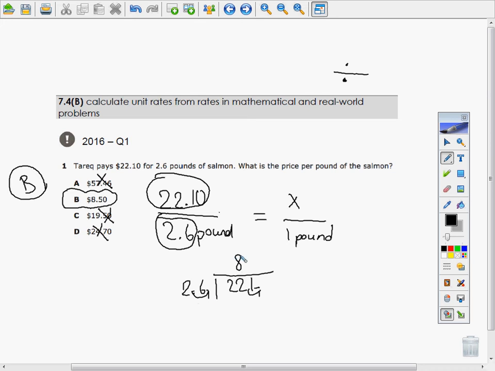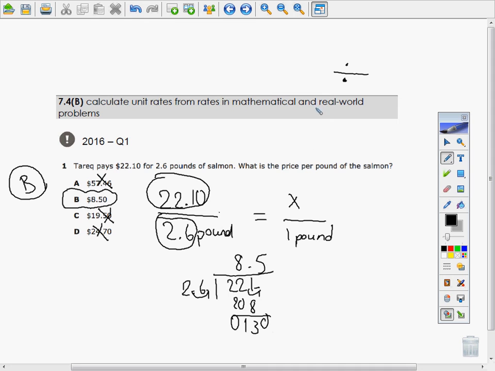Let's try 8 times. 8 times 6 will be 48, carry 4. 2 times 8 will be 16, plus 4 will give you 20. And if you do that, 11 minus 8 will be 3. And if you continue the division, we got to add a decimal point, and 26 goes into 130 5 times.